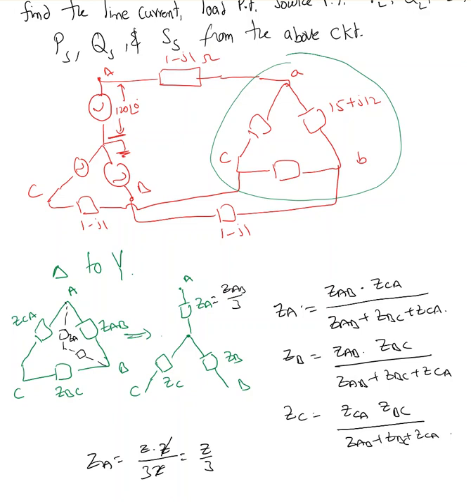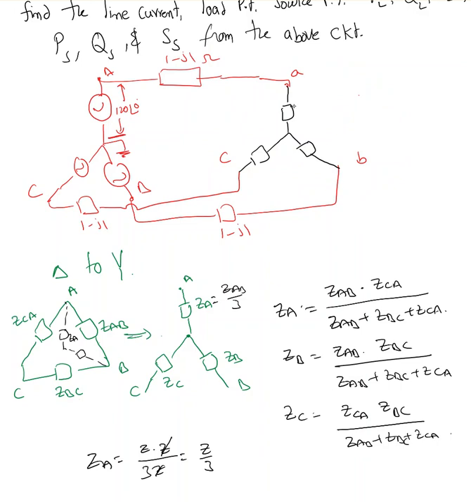So I'm going to transform this delta into a Y load. When I transform this into a Y load, this is what my load is going to look like. I'm going to eliminate those red lines in a second. So this value must be 15 plus j12 over 3, which is 5 plus j4. 15 divided by 3 plus j12 divided by 3, 5 plus j4.